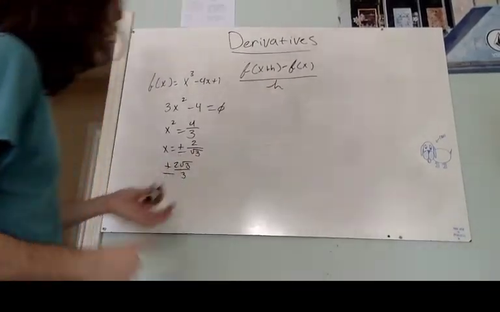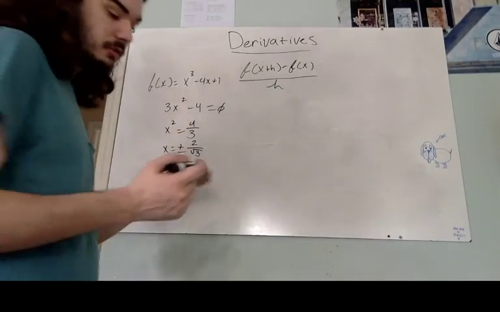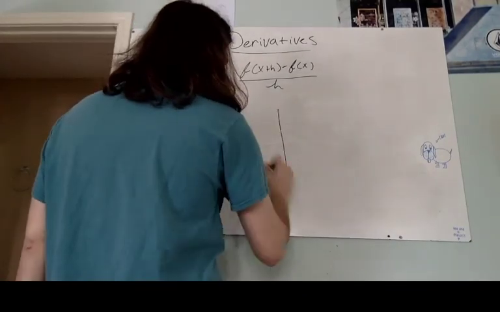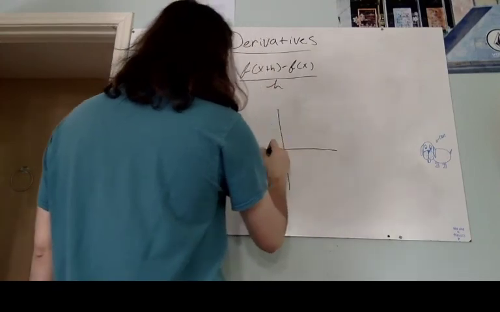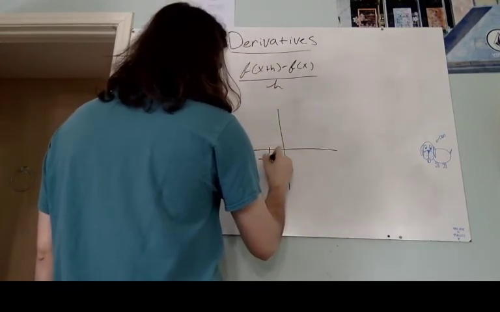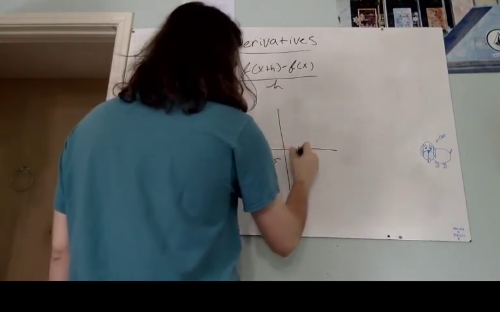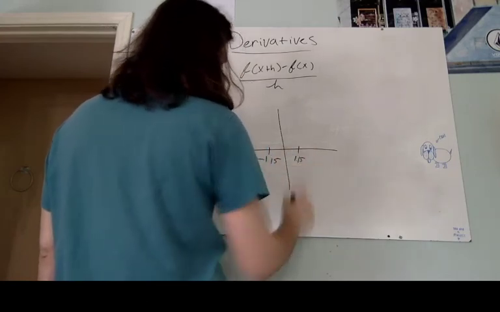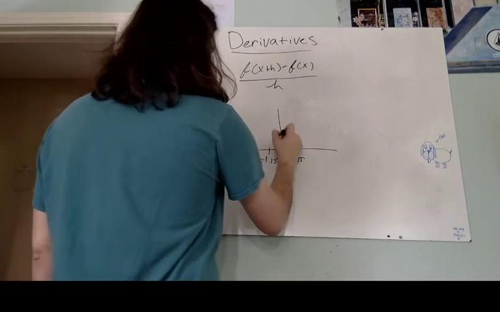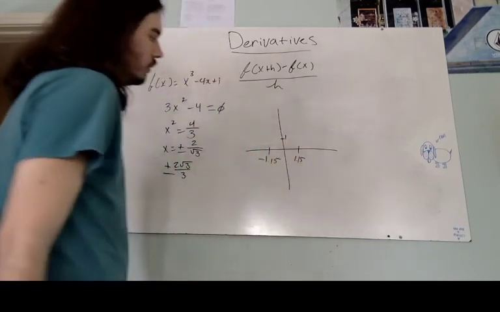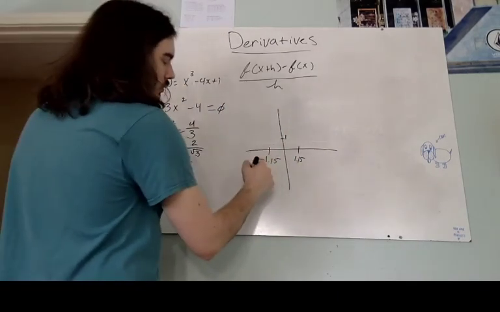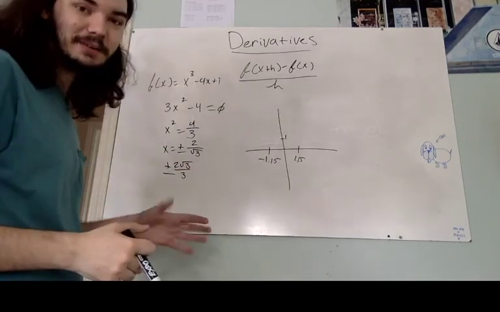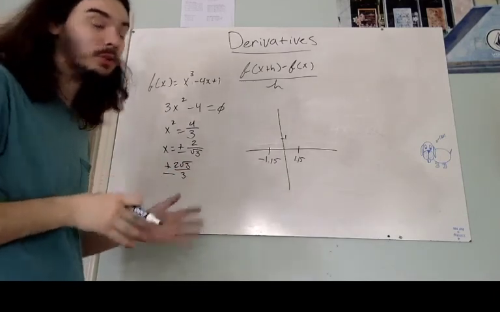So what that tells me is, if I graph this function out, I'm just eyeballing it here, so if I have negative 1.15 and positive 1.15, and then we know this intersects at 1. Remember, it's easy to get confused here, these are not zeros of the function.